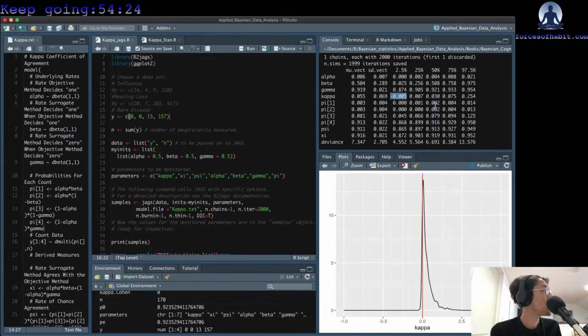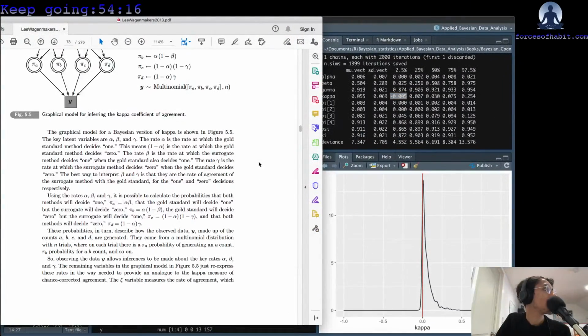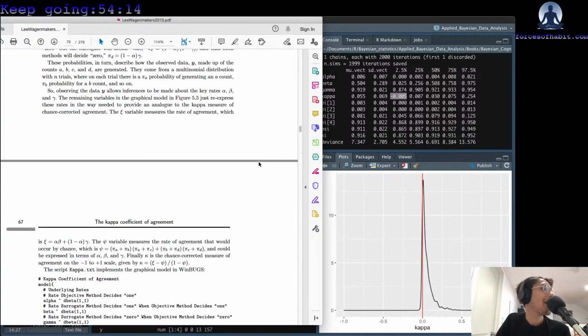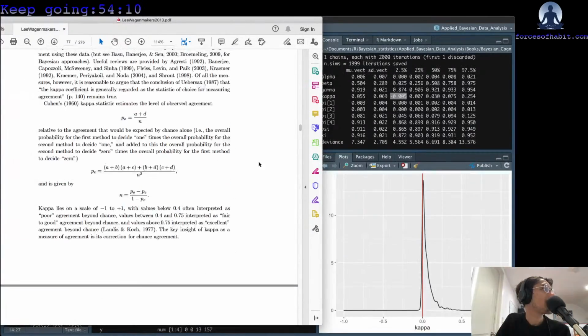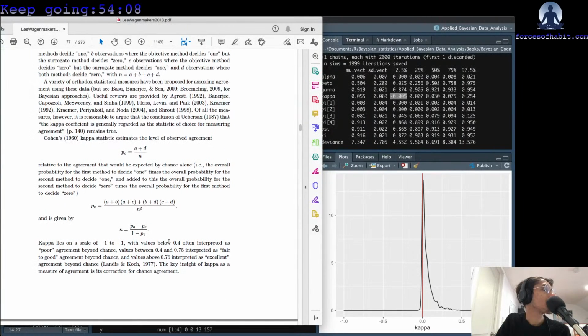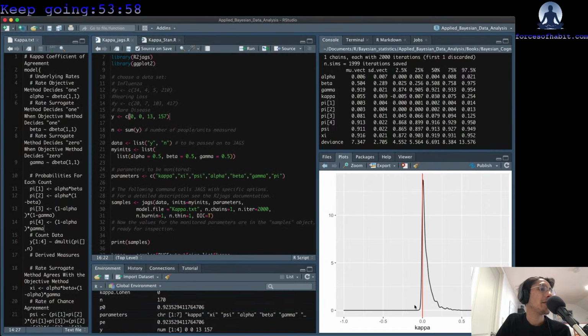Something neat then, I figured, was that in the description of the interpretation for the Kappa coefficient above, we spoke about interpretation from below 4, interpreted as poor, beyond chance. Well, here, we actually have some evidence that it might be 0.